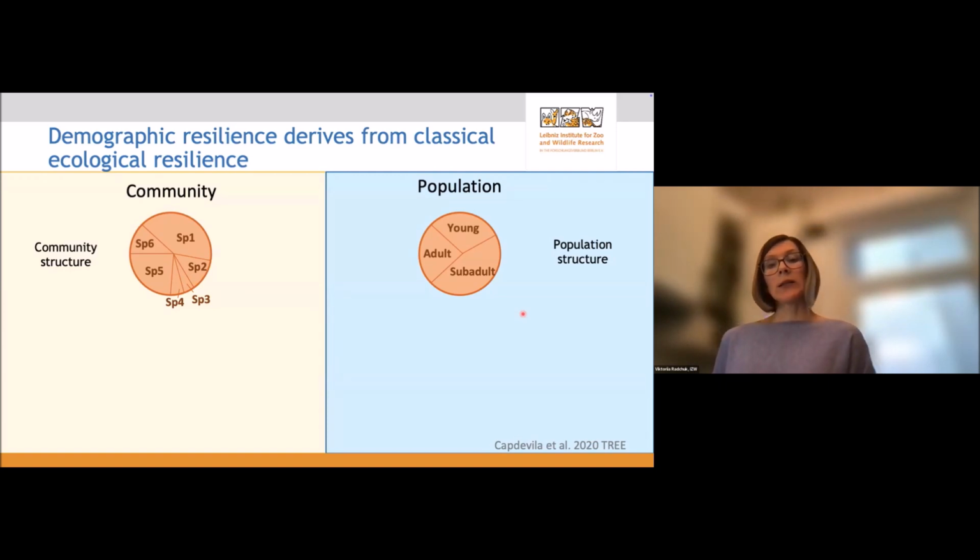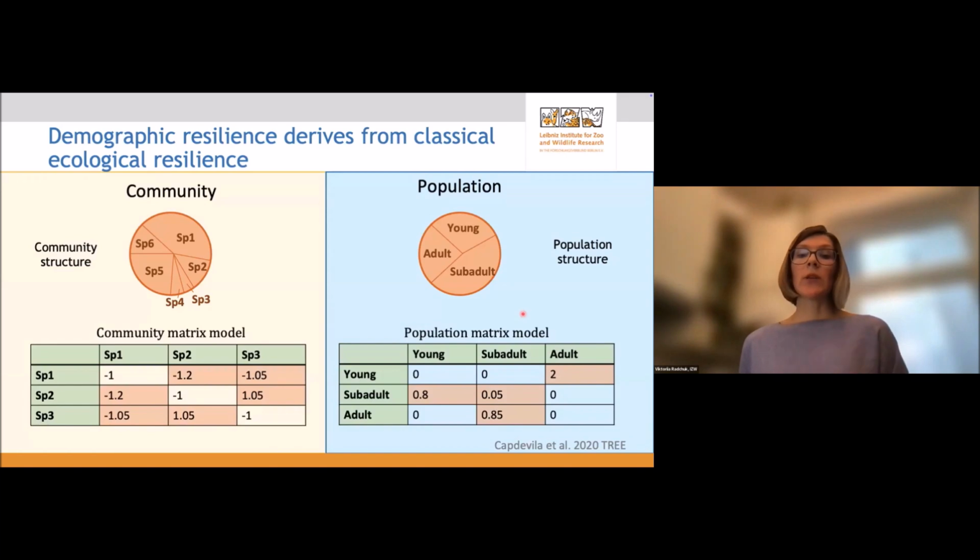And there are clear parallels in how resilience is quantified at these different levels of organization, community and population. On the one hand, the abundance of each life stage or age class in a population, which we call population structure, here shown on the right-hand side, can be compared to abundances of different species in a community, which is called community structure.